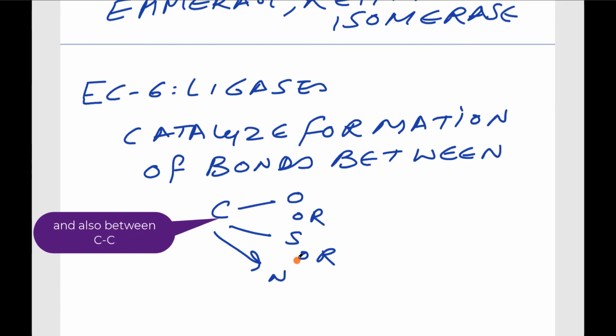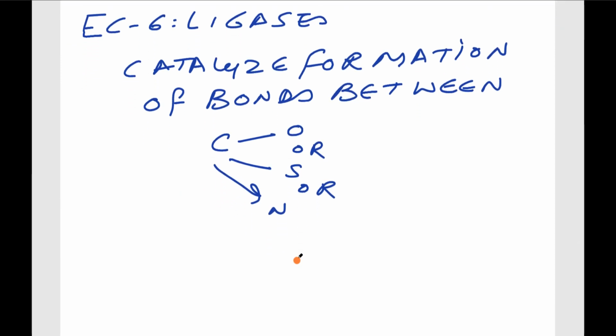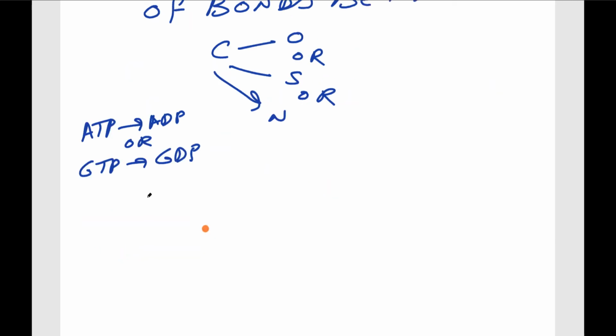This reaction is coupled to hydrolysis of high energy phosphate, so ATP is converted to ADP or GTP is converted to GDP. So these are ligases.